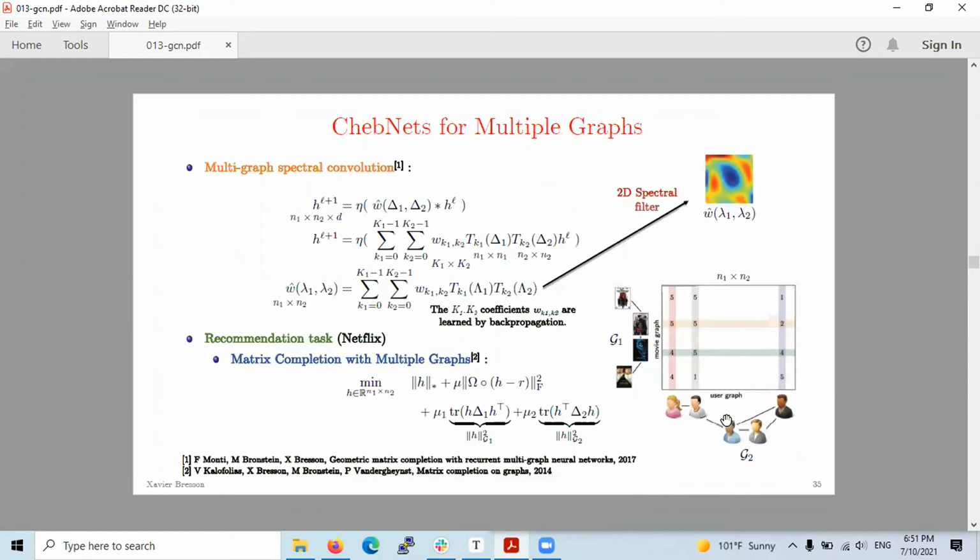Okay, and here he also extends these ChebNets for multiple graphs. Again, all of these papers are very mathematically heavy.